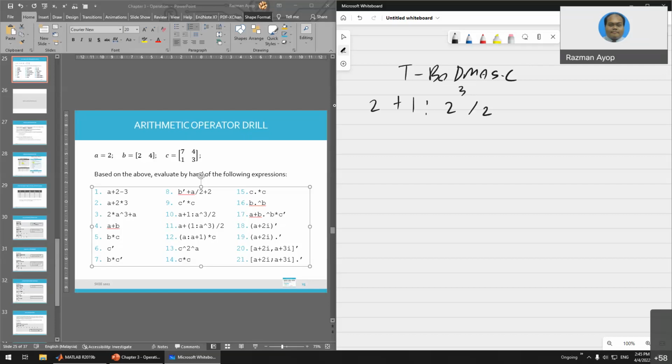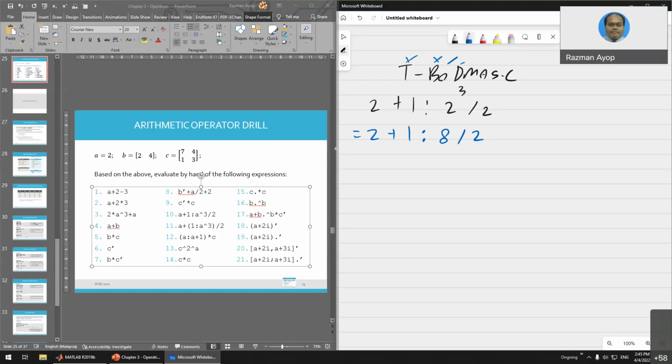Do you have any transpose? No transpose. Any bracket? No bracket. Power of, you have a power, so you have to solve the power first. So 2 plus 1 dot power of is 8, divided by 2.